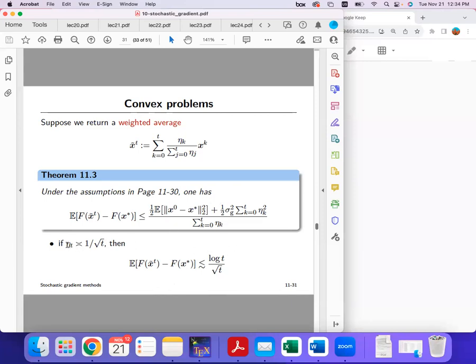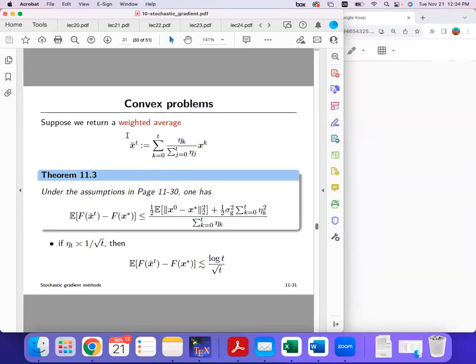In this case, the conclusion is that if we pick again a diminishing step size, but it decays slower, 1/√t, then we have this convergence rate on the expected function value gap. This gap decays at the rate log t over √t. So it's roughly 1/√t because log is much smaller compared to square root.